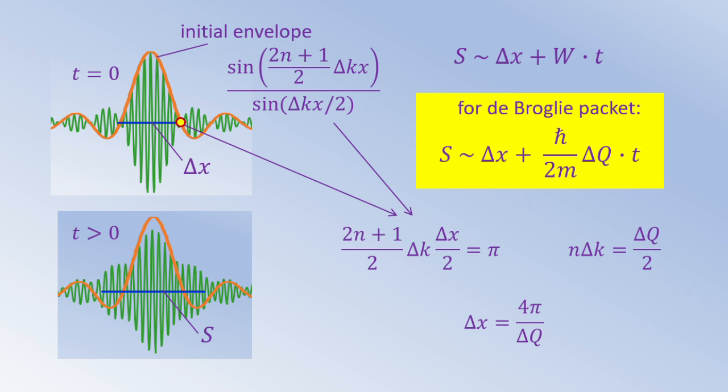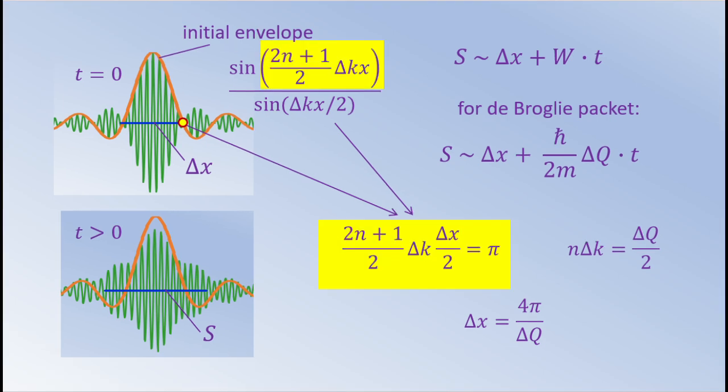Now we will see how this works for a packet of de Broglie waves made up of 21 cosines. We will assume that the half of the initial packet width, that is delta x over 2, is equal to the distance between the origin and the nearest point to the right at which the packet envelope turns to 0. At this point, the argument of the upper sine in the envelope becomes equal to pi.